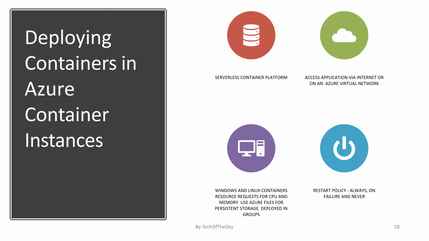When defining your containers in ACI, you can specify an amount of CPU or memory needed to run your application. The default is 1 core and 1.5 GB of RAM. If your ACI deployed containers need persistent data for data files or even databases, containers can directly mount Azure Files shares backed by Azure storage.